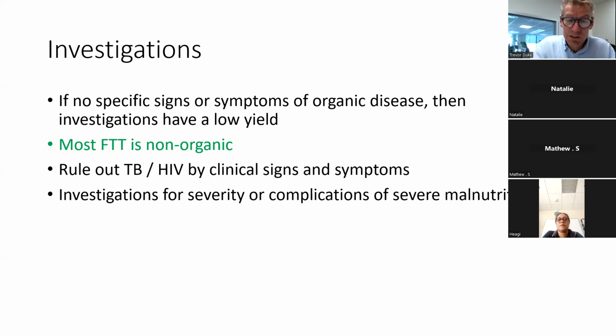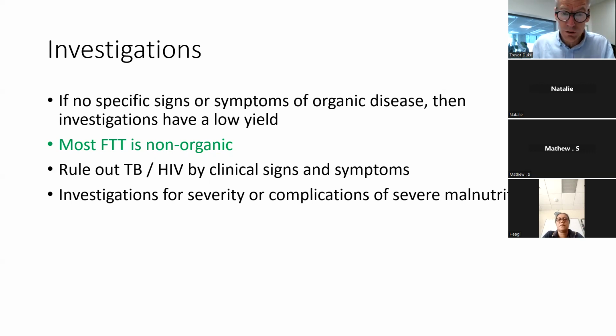They don't present just with failure to thrive. They present because they've got a fever, or they present because they're pale. And so there are some investigations that need to be done. But what's more important than the investigations usually is to go back to the history and try to find out what the underlying causes are of the child's failure to thrive.